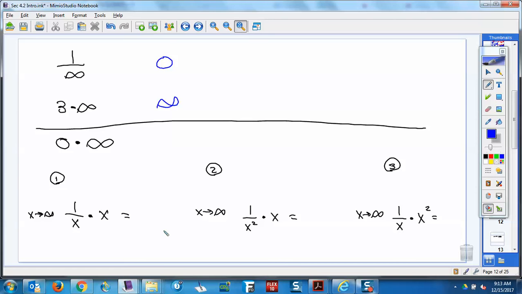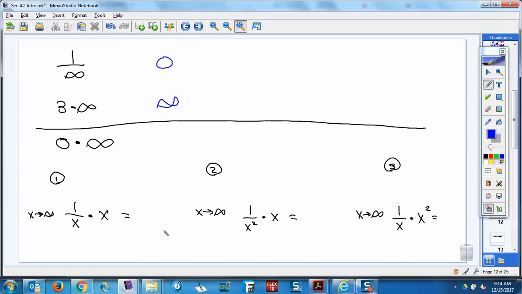How's that work out? Well, 0 times infinity is the same thing. If you multiply by a big number, it's supposed to make it bigger, right? But if you multiply by a small number, it makes it smaller. What happens if you take a number that's getting smaller times a number that's getting bigger, and you multiply? You want to say 0 there, don't you? You want to say 0 times infinity is 0.